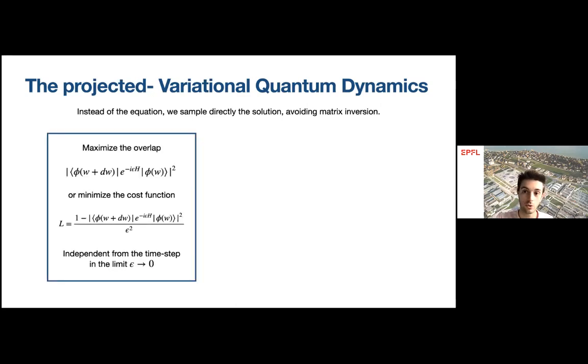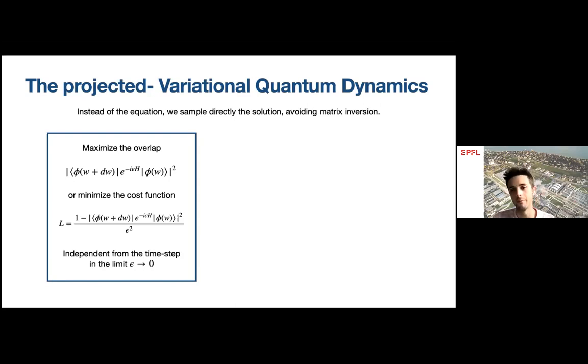We do it by maximizing the following overlap, which is the overlap between the state with some parameters, time evolved with a Trotter time step, and the state modified by a shift of the parameters. So basically, we are approximating the time evolved state with a shift of the parameters.